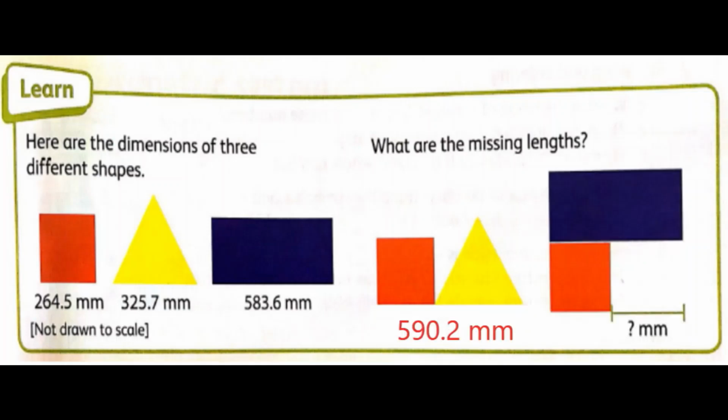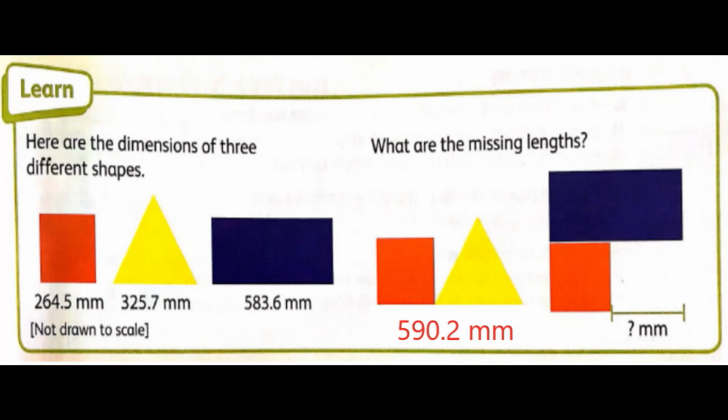Let's look at the second one, which is a rectangle and a square. As you can see, it looks to be a missing space. However, we know what the rectangle's length dimensions are, and we can just subtract that from the square's dimensions, and we'll be able to get the answer.